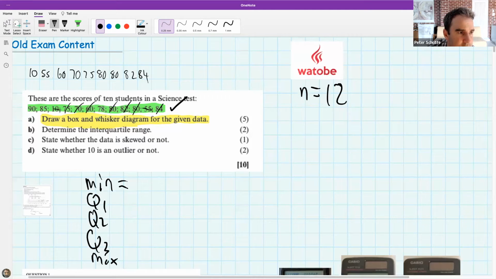So let me move that out the way. 4, 5, 6, 7, 8, 9. I left out here 85, 90. 84, I left out 84.